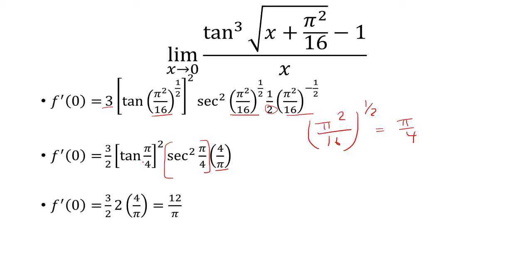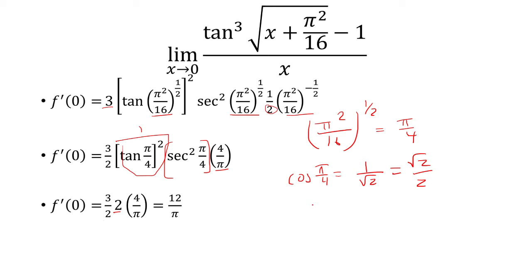And now tangent of pi over 4 is 1. Square that is 2. I'm sorry, square that is 1. So that's where we get 3/2. 3/2 times 1. So this whole thing is 1. Secant squared of pi over 4 is 2. And to show you why, start with cosine. You can write it as 1 over root 2 or root 2 over 2.